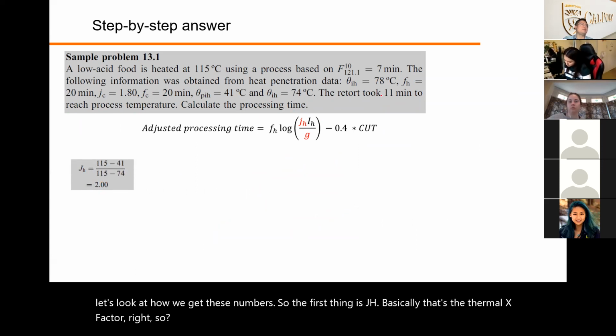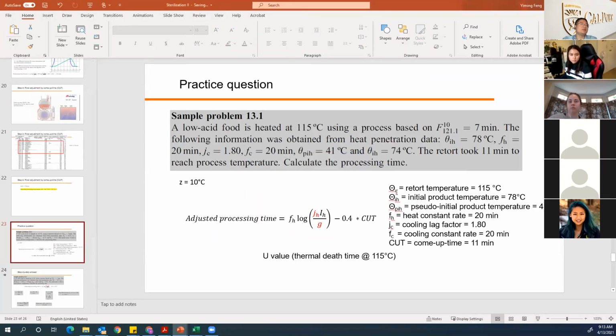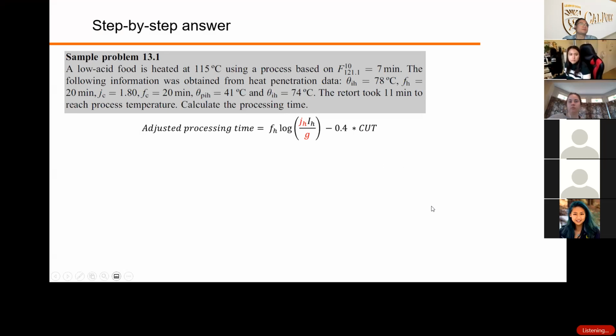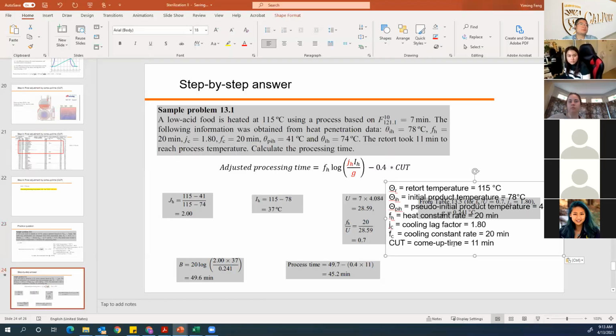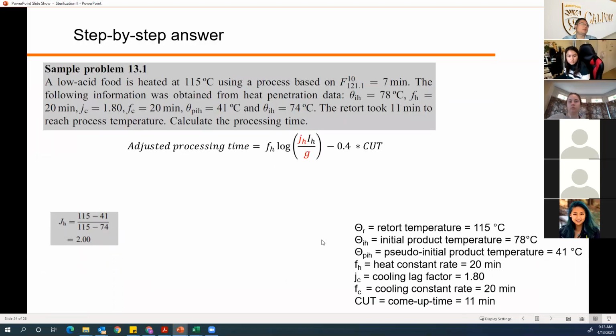Since everything is given here, we can easily plug in the numbers. We can easily plug in those numbers to get our JH, the thermal lag factor, okay?